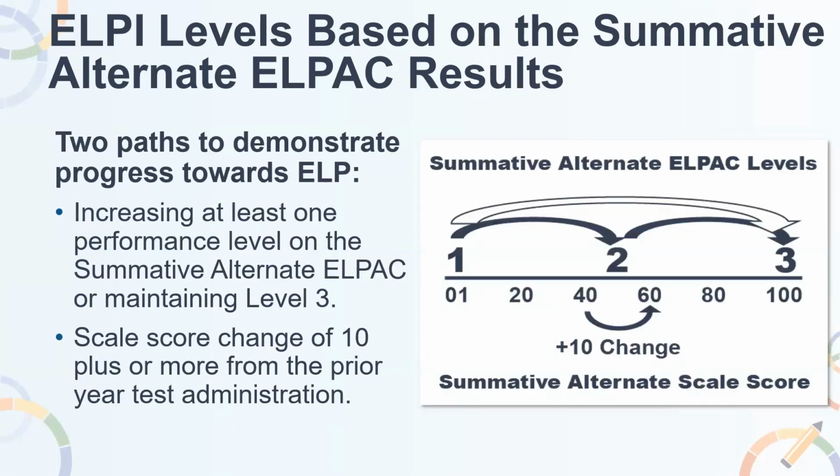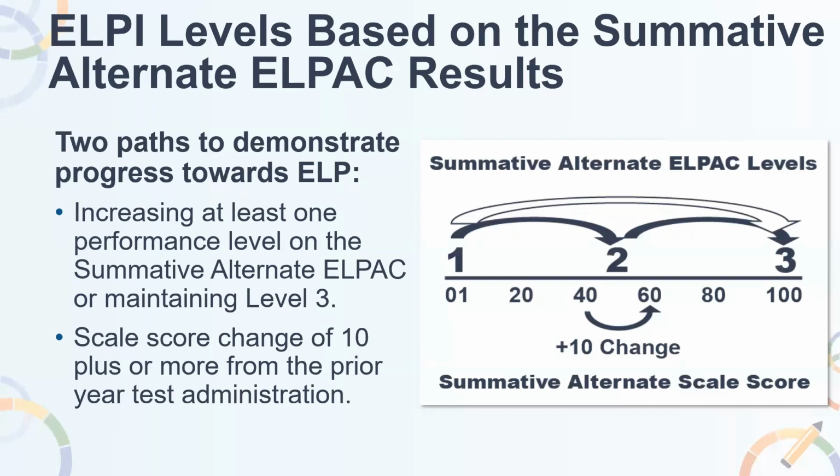LP levels based on the summative alternate LPAC results. After taking the summative alternate LPAC, each student receives one of 3 designated summative alternate LPAC performance levels and a scale score. EL students taking the summative alternate LPAC have 2 paths to demonstrate progress towards ELP.